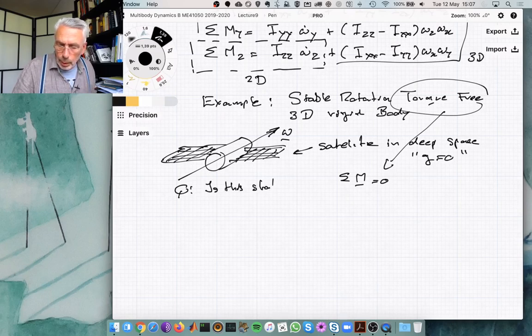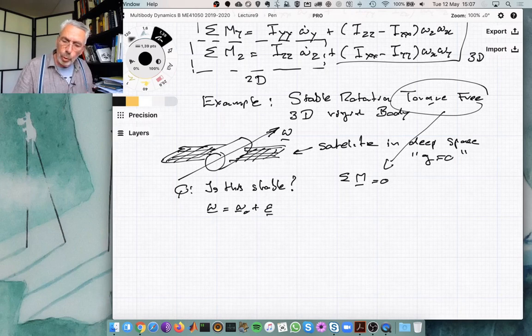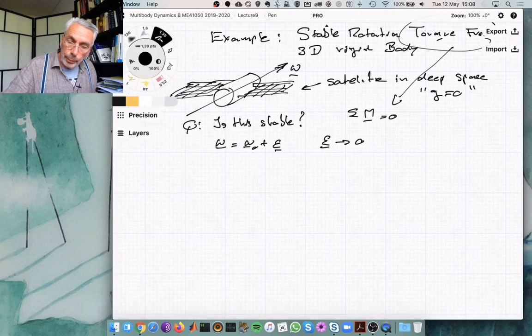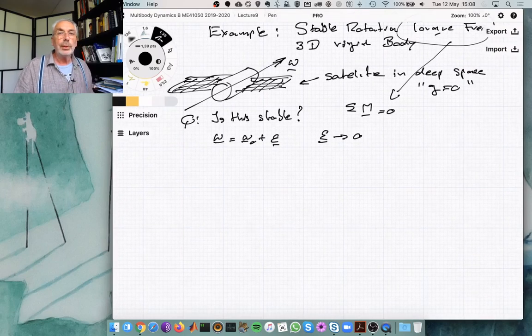In the sense, if there is a very small perturbation, so if we have omega is some omega 0 plus some epsilon, some small change in the angular velocity, will the epsilon in time go to 0, yes or no? That's what we want to investigate.